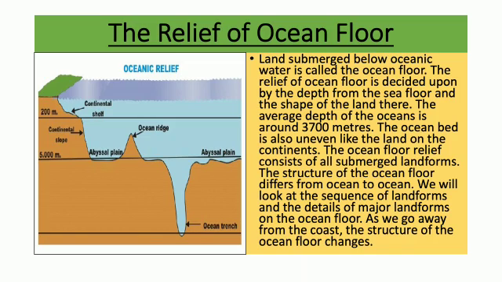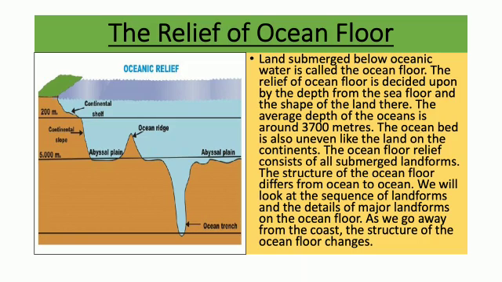The relief of the ocean floor is decided upon by the depth from the sea floor and the shape of the land there. It is very important, students. You should underline that.